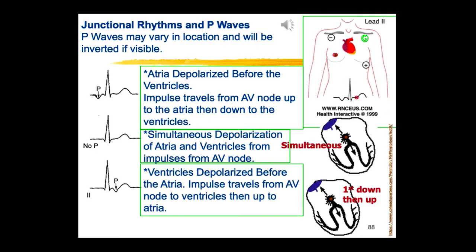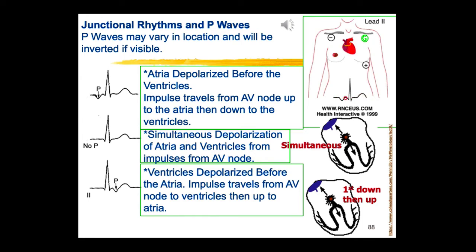When we look at junctional rhythms, we do have P waves, but they do not look anything like what we have already discussed. If they are visible, they will be inverted. Remember that the AV node is the primary pacemaker in this case.